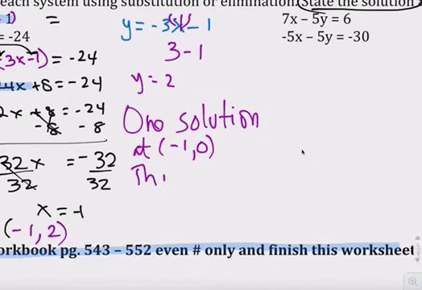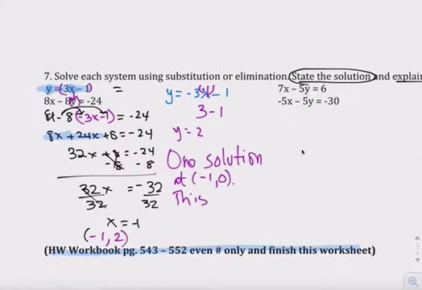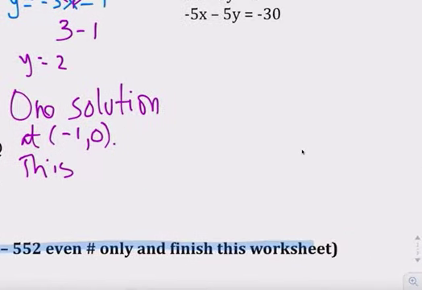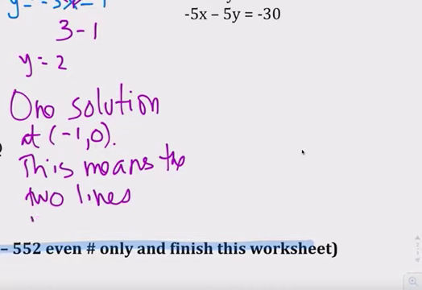This means the two lines, these are two lines. Remember, you're graphing these. These are lines. This means the two lines meet at negative 1, 0. See?